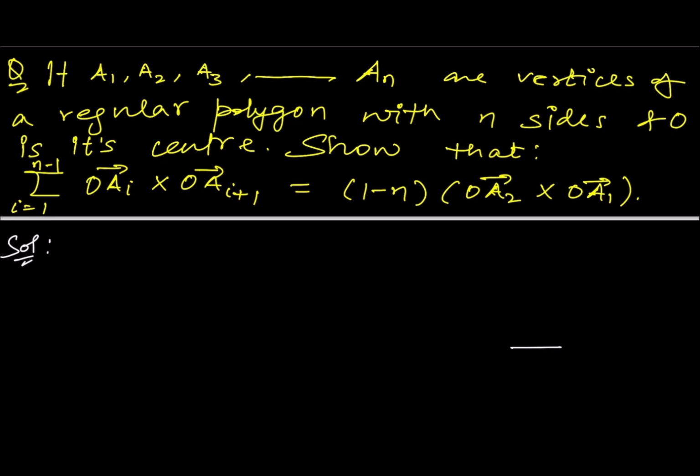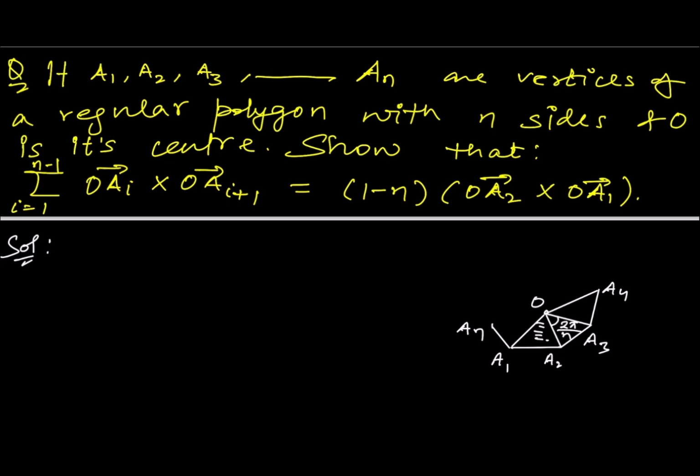So here this A1, A2, A3, A4, dot, An is a polygon of n sides and center is origin. Each side is making an angle 2 pi by n at its center.